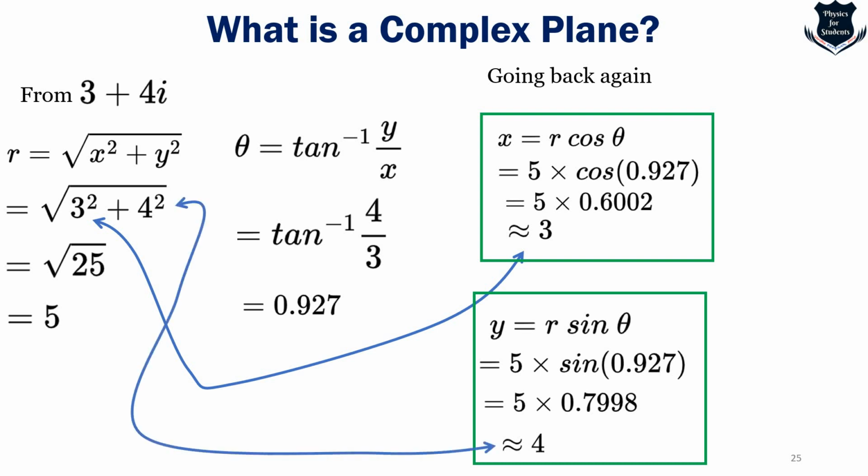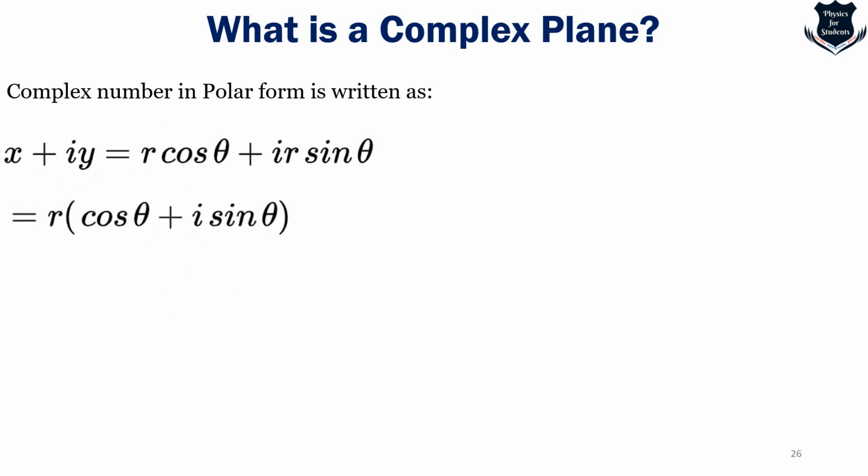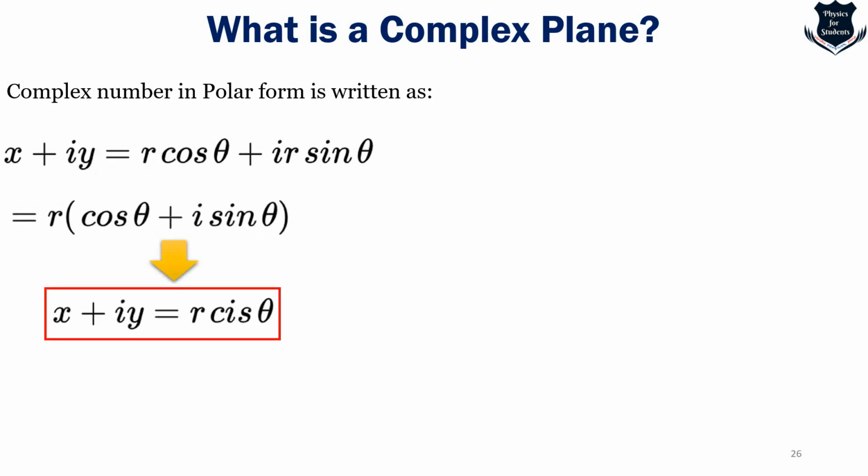You can pause to note the calculations here. So a complex number written in polar form can be written in a neat form as r times (cos theta plus i sin theta), which equals x plus iy, and cos theta plus i sin theta is written as cis theta.